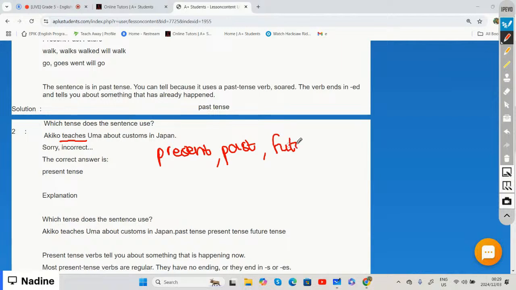Or is that in the future? Teaches, is that word present tense, past tense, or future tense?